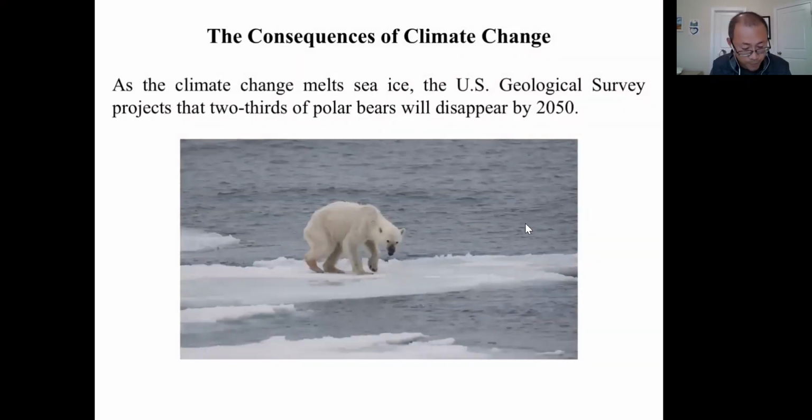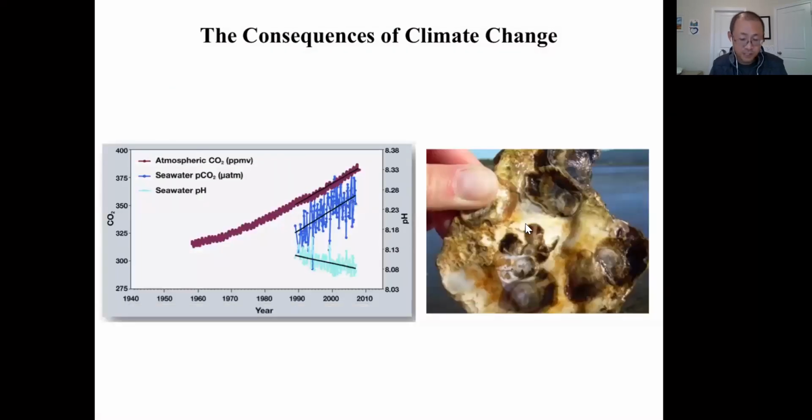Okay, here it shows you a very famous picture. Because of global climate change, the melt of sea ice, 2/3 of polar bears would disappear by 2050. And another consequence of global climate change is that because of the increase of carbon dioxide in the atmosphere, carbon dioxide will dissolve more in the ocean water, which will cause the pH of the water to further decrease.